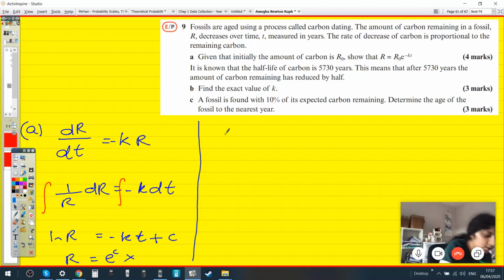Oh, that's how you do it. Okay, and the initial value is given as r naught. Okay, got it.